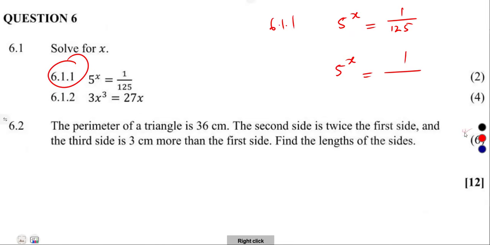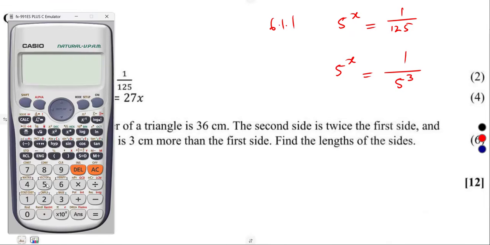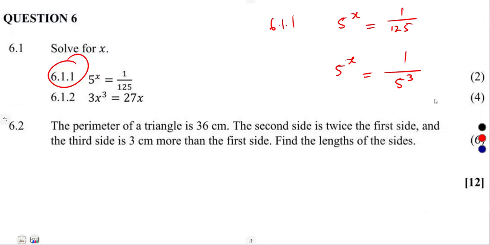You can use the calculator also to verify that. On your calculator, you write 125 is equal to, then you press the shift fact button. So that's 5 to the exponent of 3.